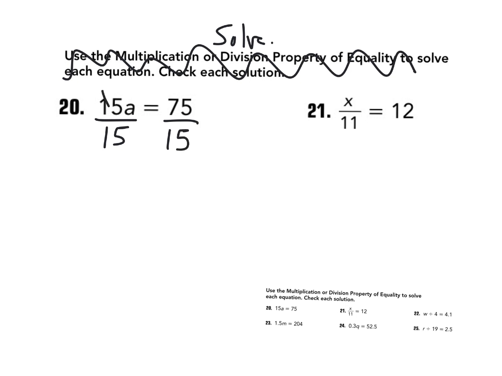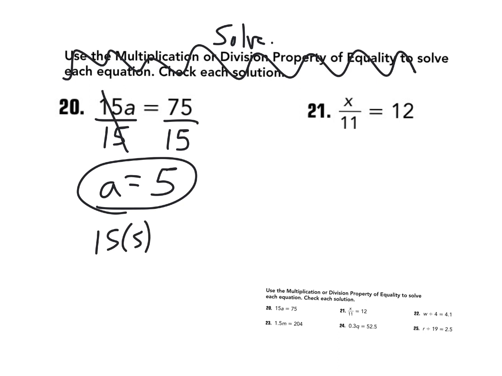We divide by 15. 15 divided by 15 is 1, and 1a is the same as a. And then if we divide 75 by 15, if you work that out, you should get 5. And once again, we can check the answer, and it'll work.